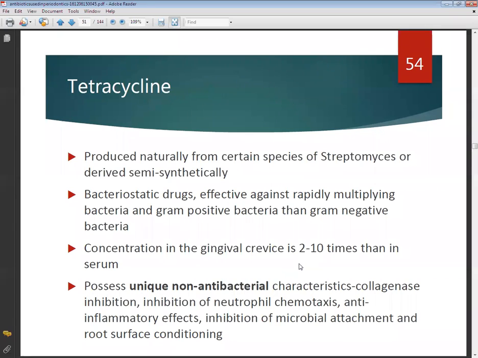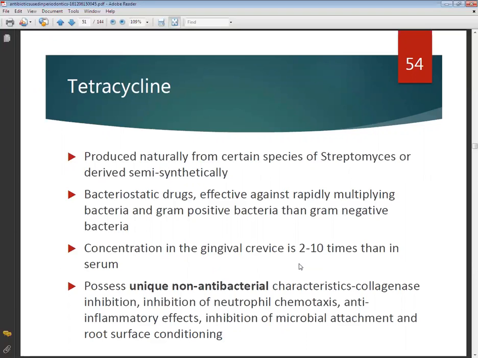First is tetracycline. It is the most widely used drug in the treatment of periodontal disease. Tetracycline is produced naturally from Streptomyces and is also derived semisynthetically. Its mode of action is bacteriostatic rather than bactericidal.